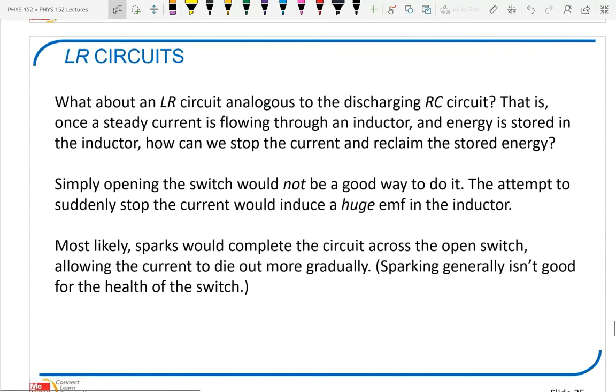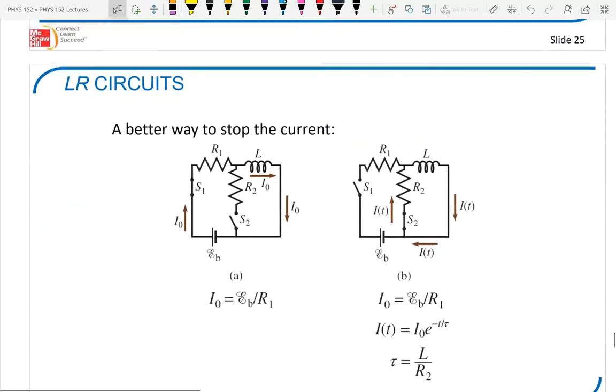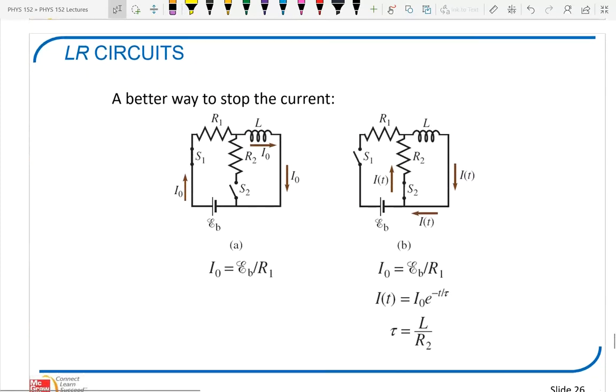Let's move on. I want to get to the AC circuits. This here is just looking at another case of how you make a circuit. This circuit has two switches that open and close in tandem so that you charge the inductor through R1 and then you discharge it through R2. And when I say charge, you're not charging anything.